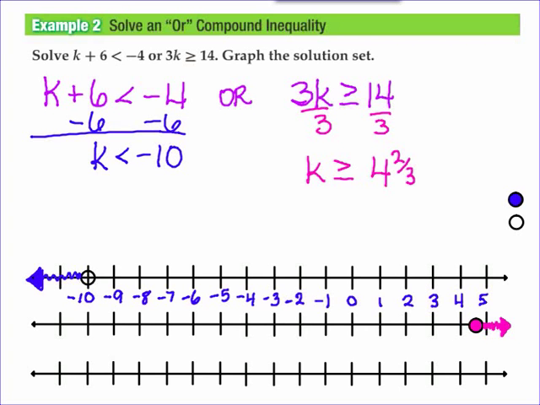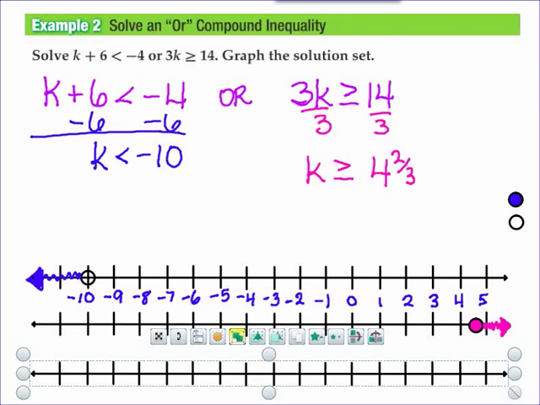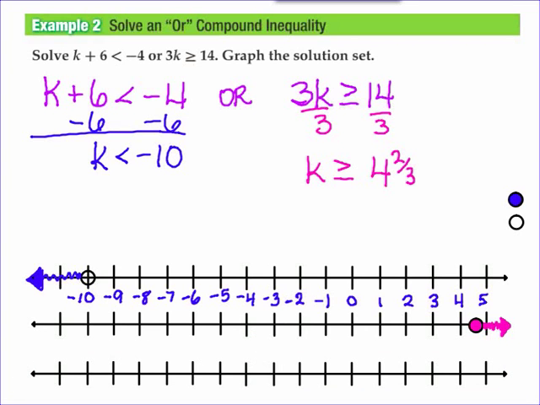So now for my solution set, I need to combine both of those into one final inequality. How I combine both of those is it just needs to be shaded in one. So if I start working left to right, is the left arrow shaded on at least one? Yeah. The left arrow is shaded in blue.